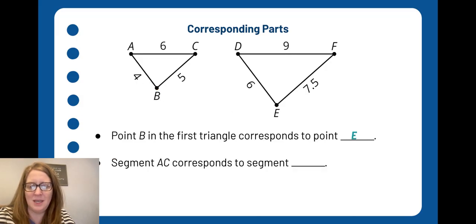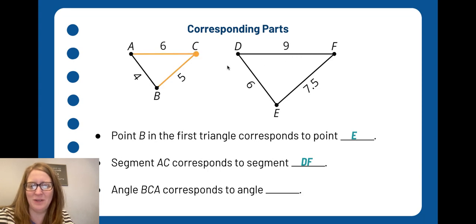Segment AC corresponds to segment DF. I said DE, I meant DF. Sorry. And then the last one, BCA, that's how you read it, BCA corresponds to the exact same one, EFD. And you read it the same direction, BCA, EFD. Those are the corresponding points, segments, and angles.